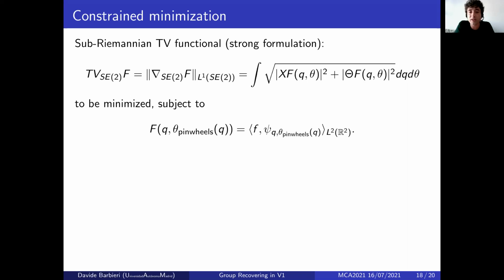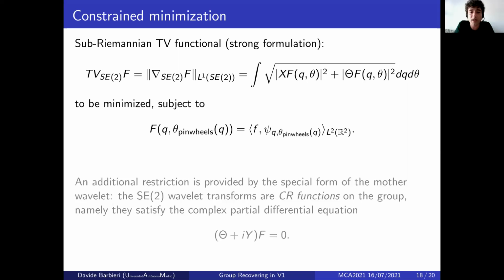I have not included another restriction, which is a whole other story that I will not discuss: that these functions are CR functions on the group. This is the SE2 version of the Gabor transform with Gaussian window being an analytic function, which Jose Luis has been talking about before. So I have not included this restriction.